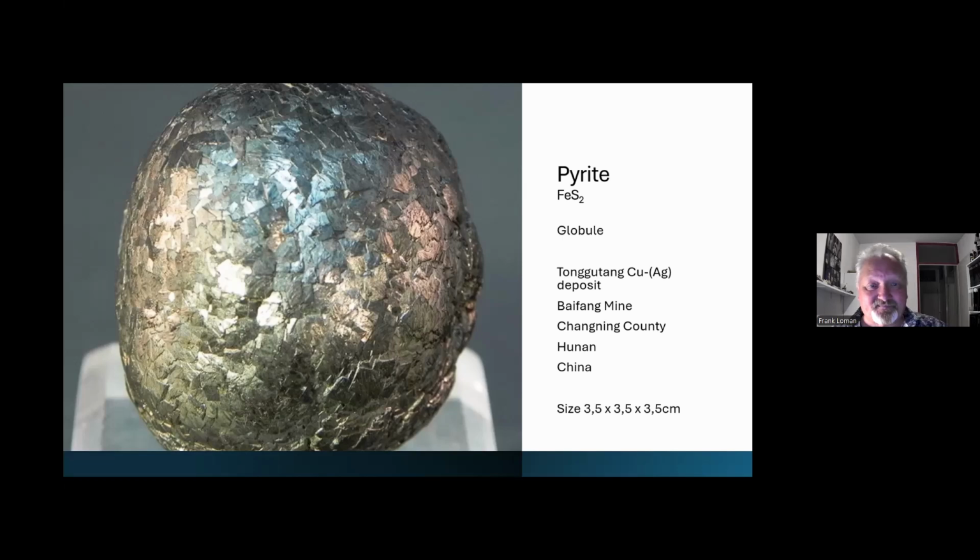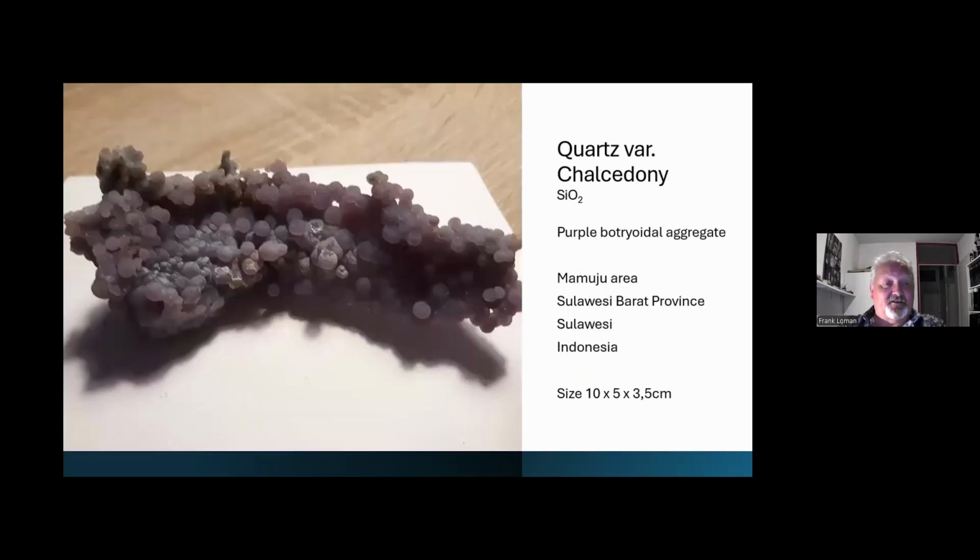Well, this one is very saleable under the name of grape agate, which obviously it isn't. It's quartz and it's chalcedony, and they make perfect purple botryoidal aggregates in Sulawesi, Indonesia.